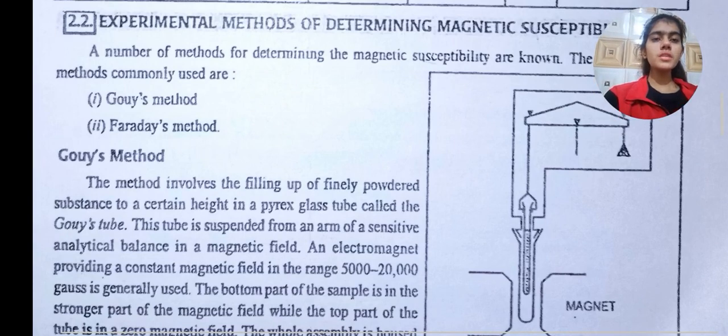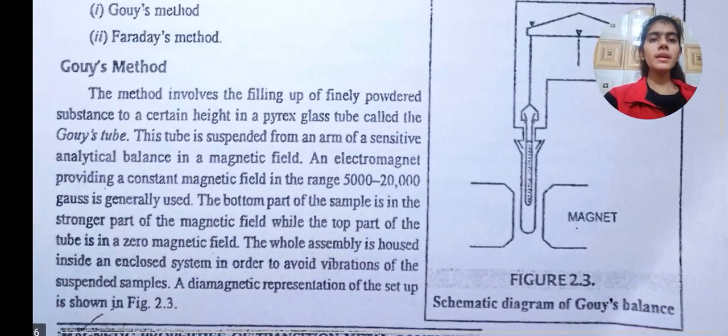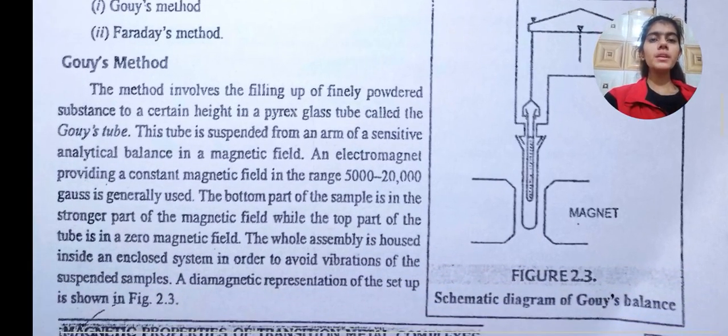This tube is suspended from an arm of a sensitive analytical balance in a magnetic field. An electromagnet providing a constant magnetic field in the range 5000 to 20,000 Gauss is generally used. The bottom part of the sample is in the stronger part of the magnetic field, while the top part of the tube is in a zero magnetic field.